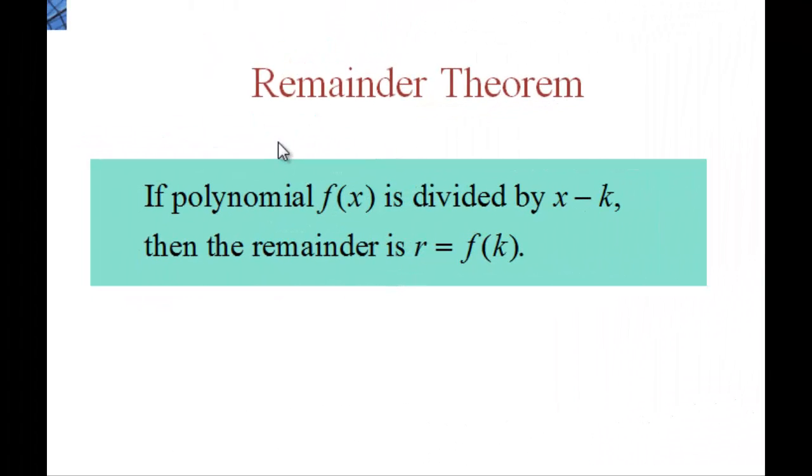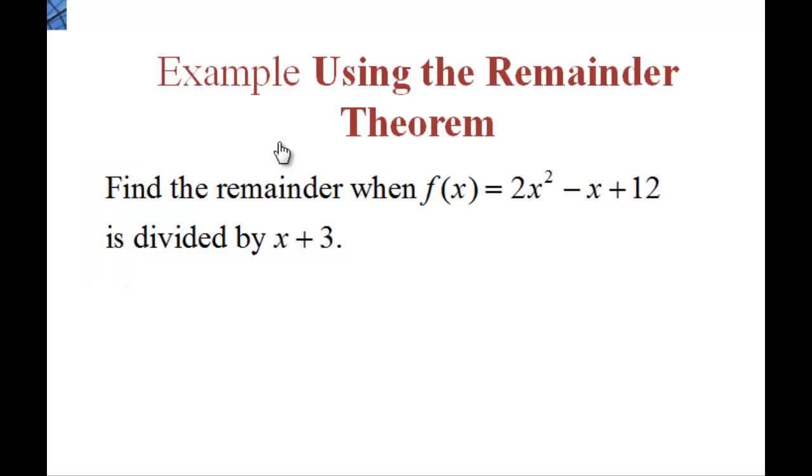Now, remainder theorem. If a polynomial f of x is divided by x minus k, then the remainder is f of k. I'll show you how that works. If all we want to do is find the remainder, what we can do is find f of negative 3.